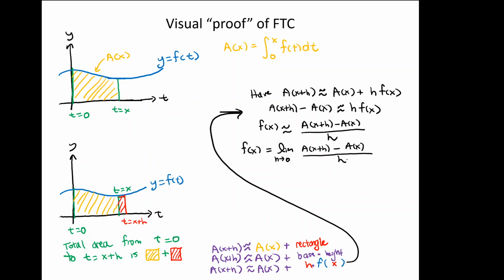And you've seen that before. That's the definition of the derivative. So f of x is equal to dA by dx, the derivative of the area function with respect to x.